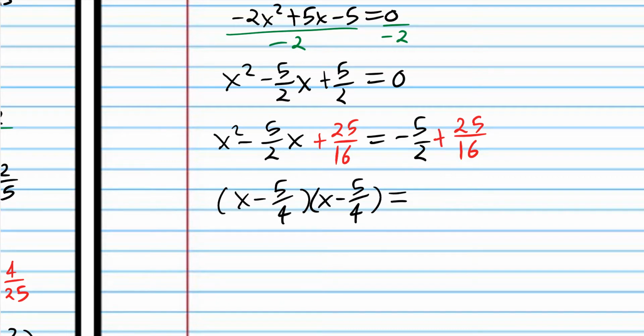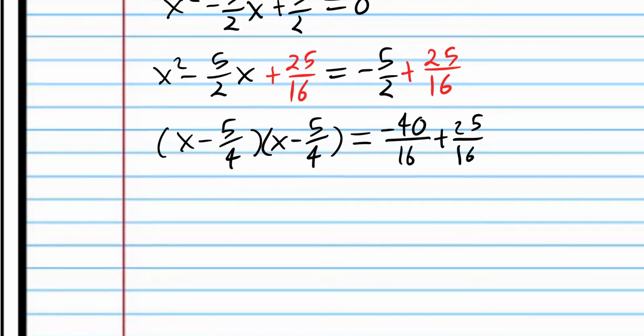Multiply both sides of this by 8, and we get negative 40 over 16. And now we have a common denominator, so we can add those fractions. And 25 plus negative 40 is negative 15.